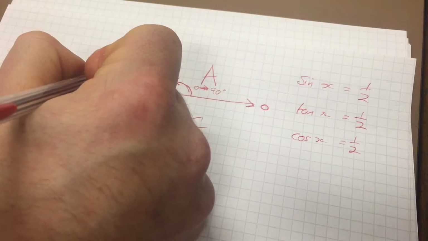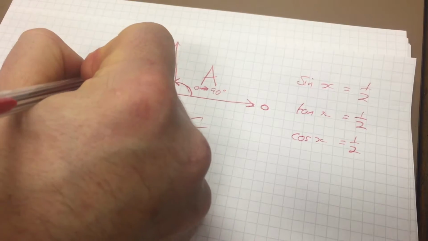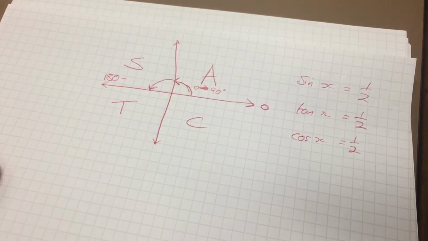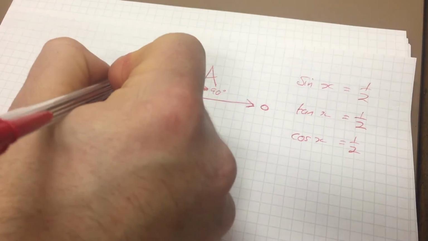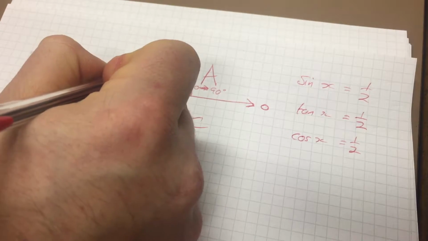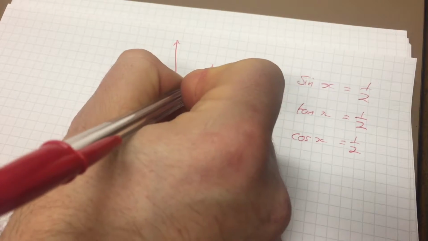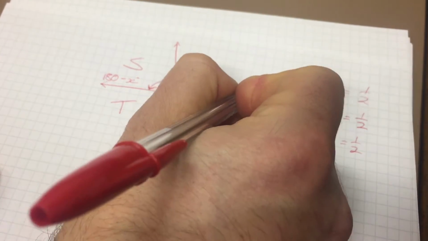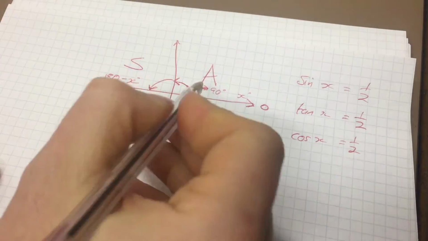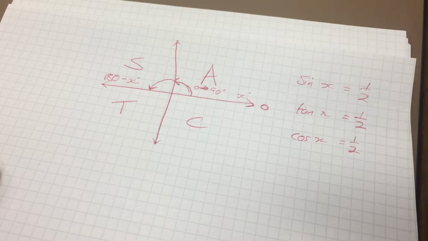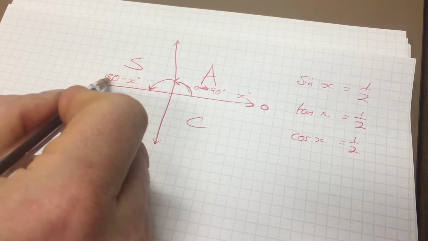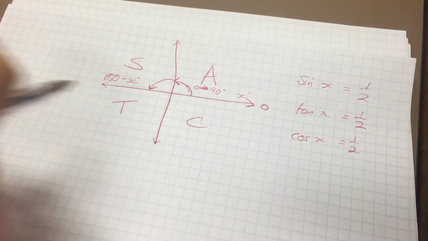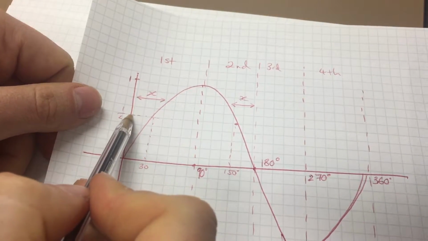The way you find it is by taking whatever your calculator gives you and subtracting that value from 180. So your first answer comes out of your calculator as x, and it will be between 0 and 90. Your second answer for sine can be found by taking that away from 180. The reason why is because of the symmetry.